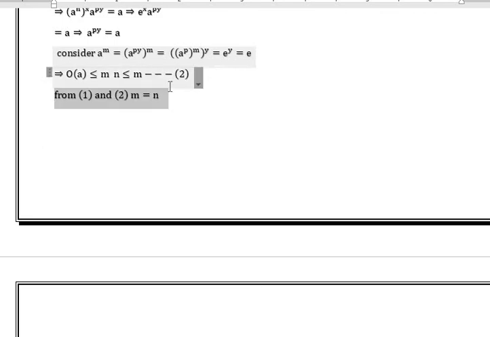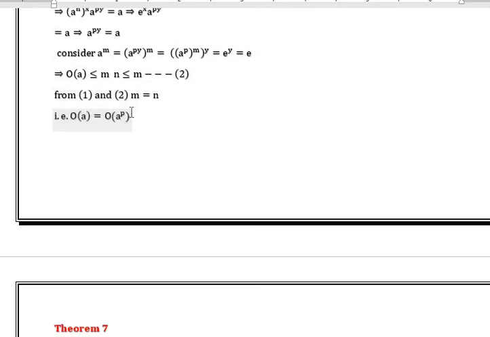By 1 and 2 we get m is equal to n, because equation 1 implies m is less than or equal to n, and equation 2 implies n is less than or equal to m. Hence m is equal to n. That is, order of a is equal to order of a^p. Now order of a is equal to n and order of a^p is m.